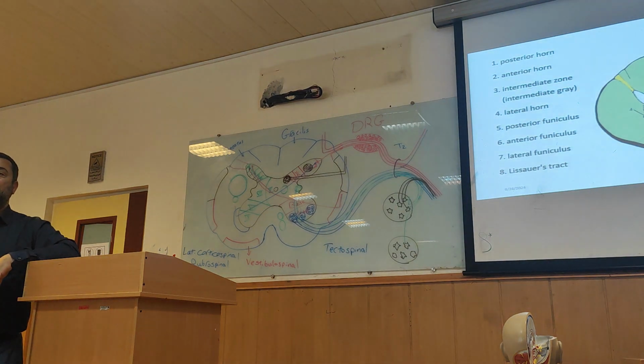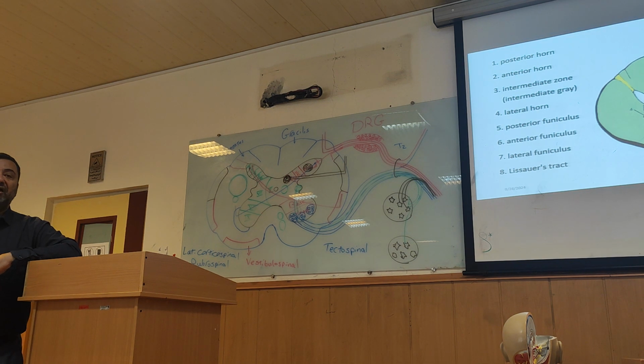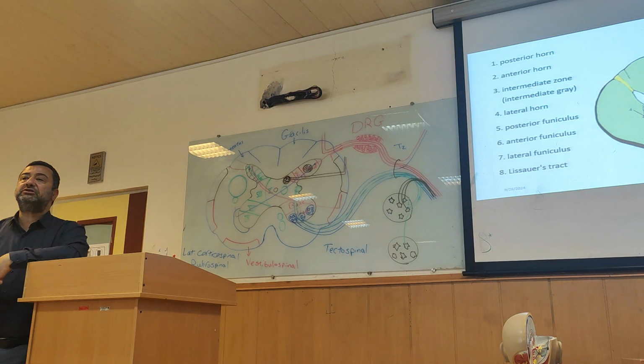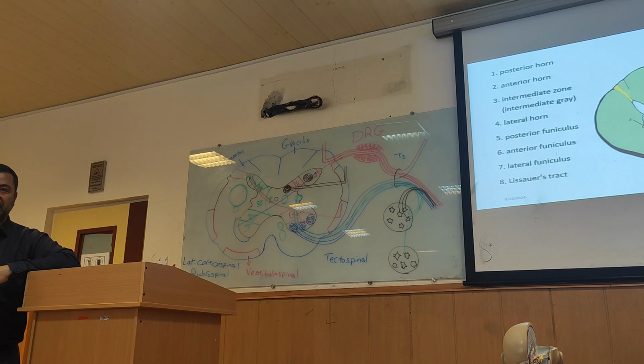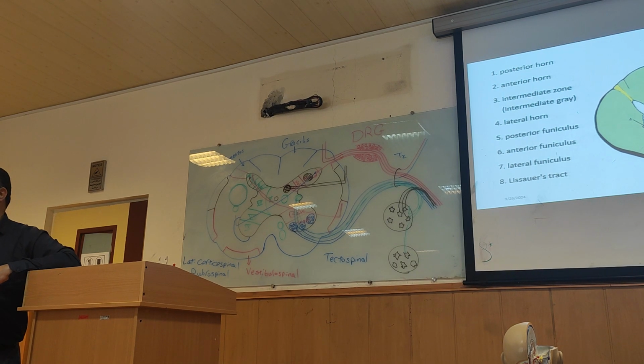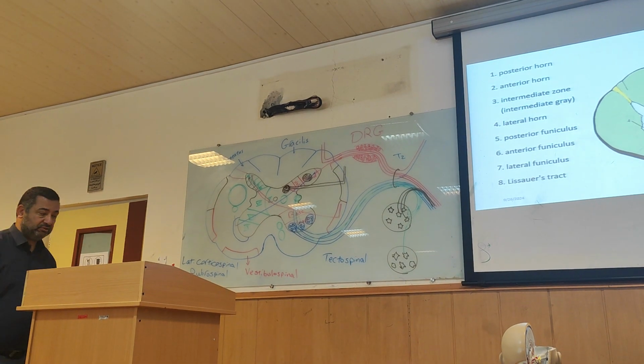Vestibulospinal tract originates from the lateral vestibular nucleus in the floor of the fourth ventricle, and without crossing, descends into the anterior funiculus. The function of the vestibulospinal tract is opposite to the rubrospinal and corticospinal tracts: contraction of extensor muscles and inhibition of flexor muscles.